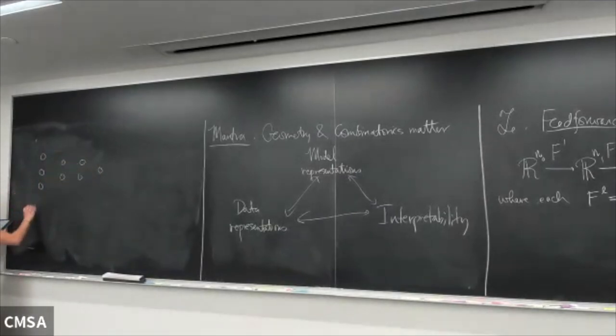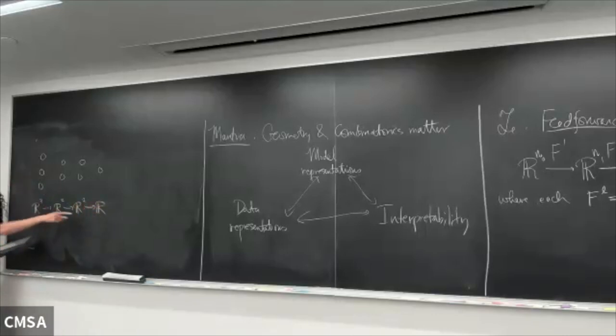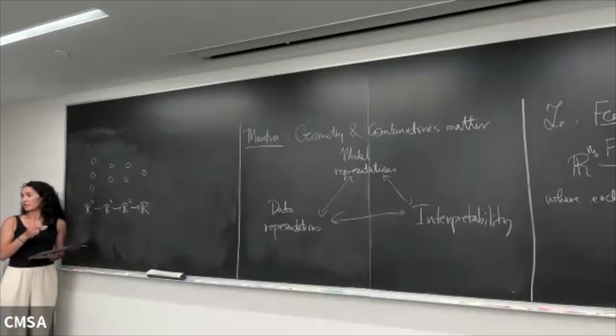Here this would be representing the neurons of a neural network of architecture 3, 2, 2, 1. You're mapping from R^3 to R^2 using an affine linear transformation, and then to each of the outputs you apply some activation function. So you're thinking of the components of the output as being the output neurons, and how they fire is determined by that activation function.